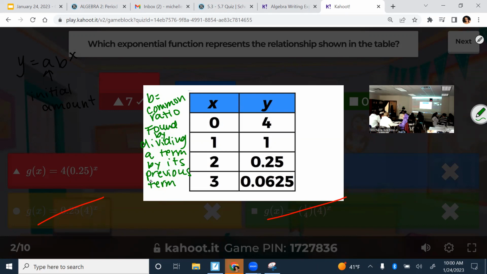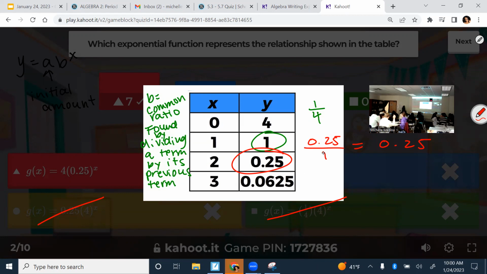So 4 doesn't have a previous term, so pick a different one. What's its previous term? What comes before the 1? 4. So that's my common ratio, or 0.25. Put in the calculator. If you took a different number, 0.25 was that one's previous term. 0.25 divided by 1 is 0.25.